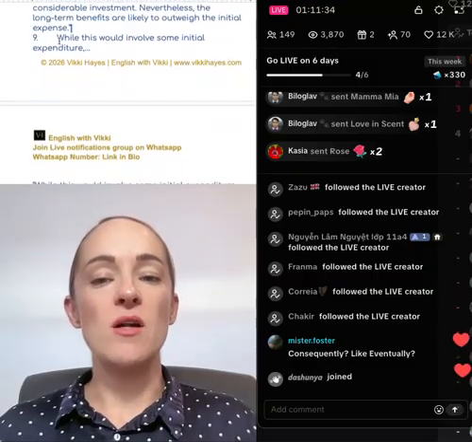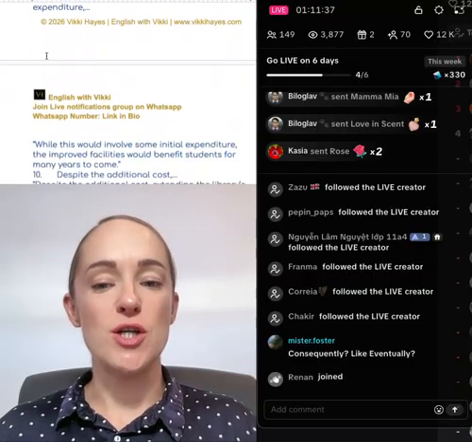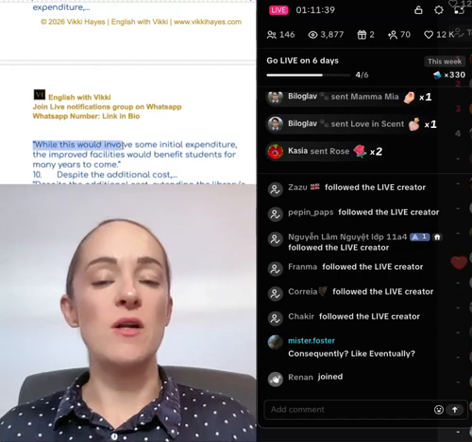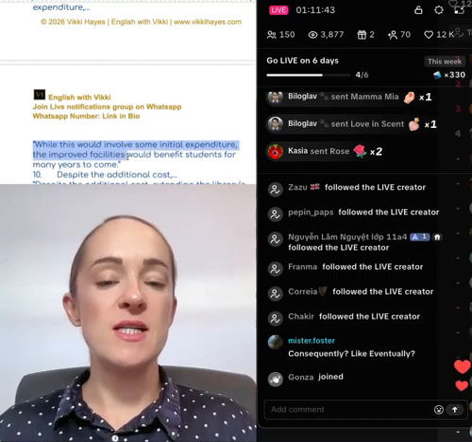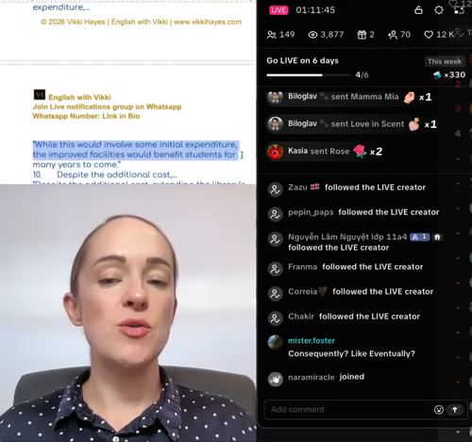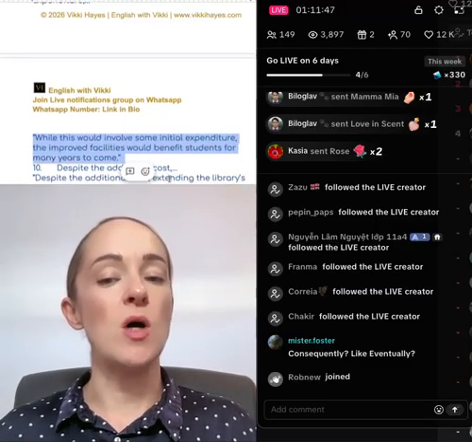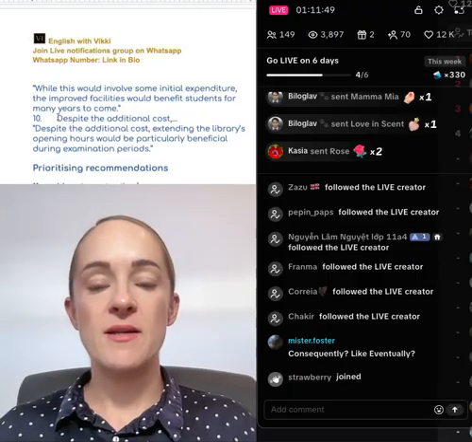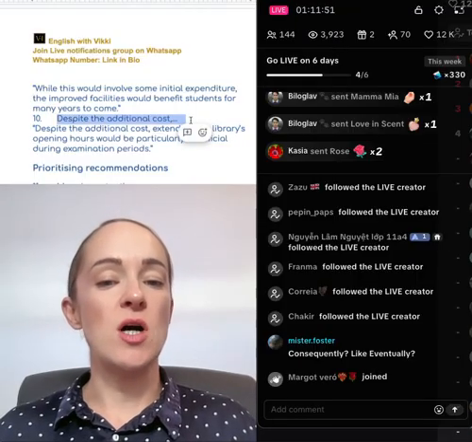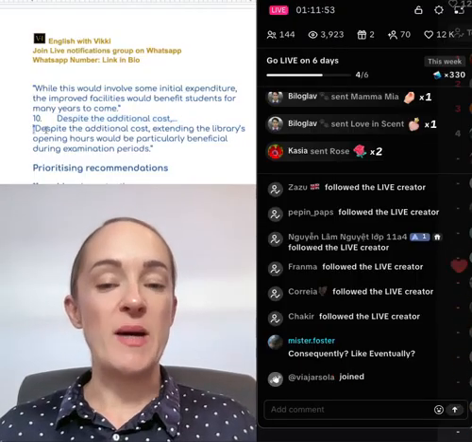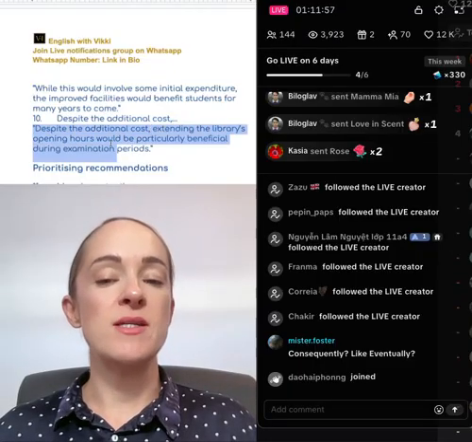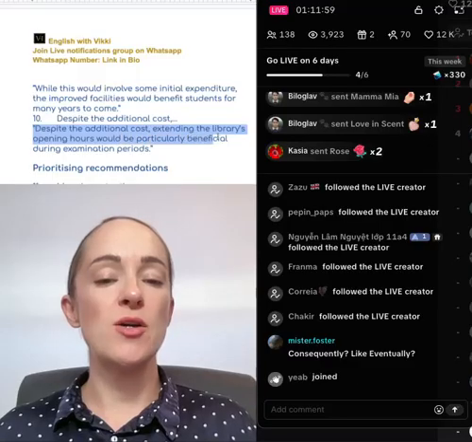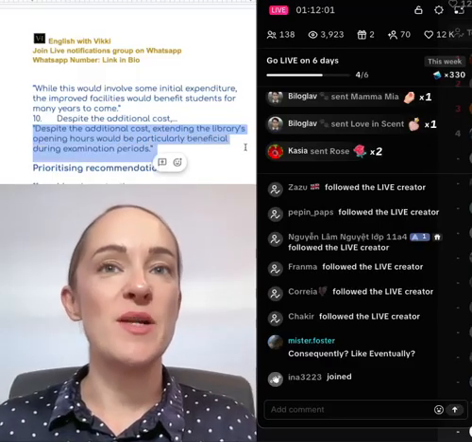While this would involve some initial expenditure, the improved facilities would benefit students for many years to come. 10. Despite the additional cost, extending the library's opening hours would be particularly beneficial during examination.